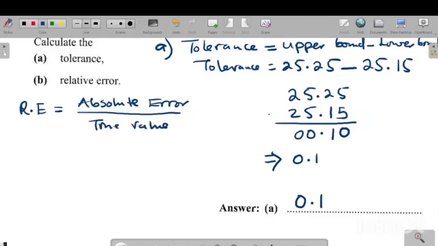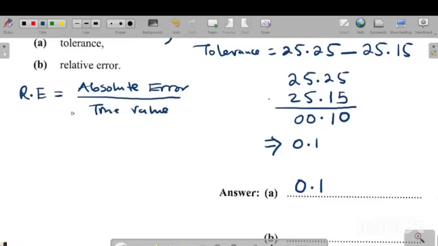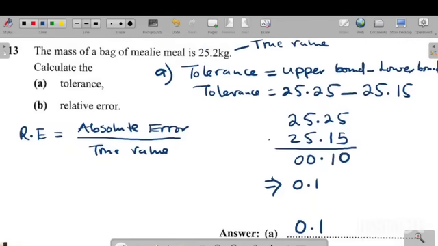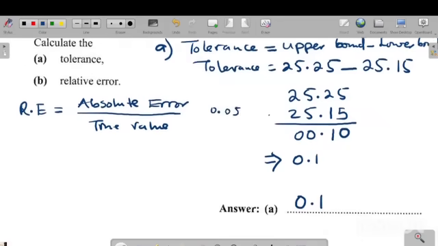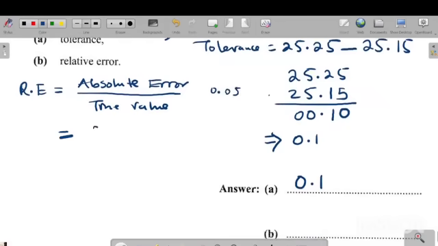Now remember we said because our true value is 25.2, which has 1 decimal place, the absolute error that we're going to use is 0.05. So here we are going to have 0.05 divided by the true value, 25.2.